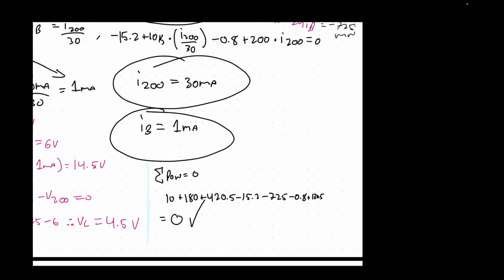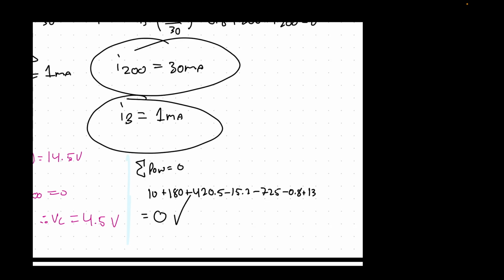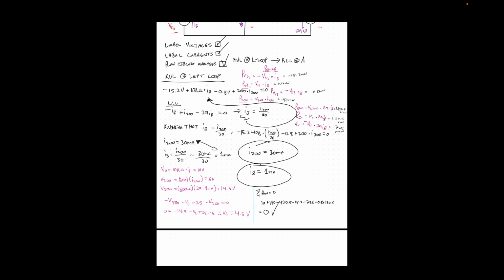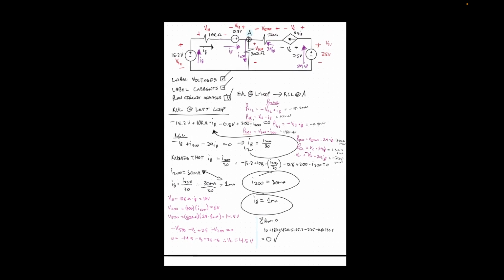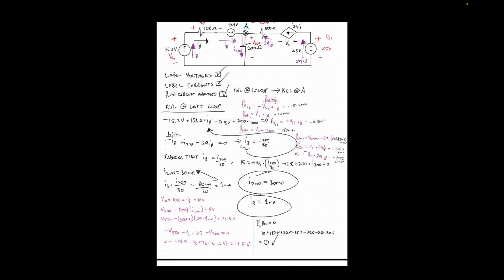So this is a good way to make sure that you're solving all the voltages and currents correctly in order to get that sum of 0. All right, and just as a recap over everything, I know it's a lot to take in on one page, but we started by labeling our voltages with some polarity that we chose.